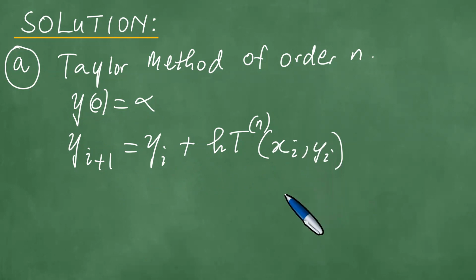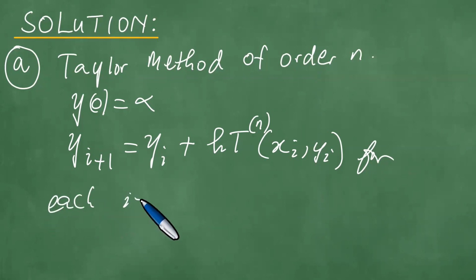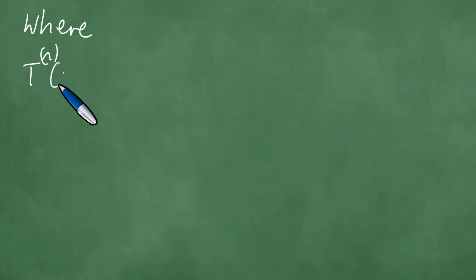Okay, now this is the formula we write here, and this is a variation from the formula we wrote last time, for each i equals 0, 1, up to n minus 1. So this is the case. And it is true where the T to the power n of x_i, y_i is the same as.